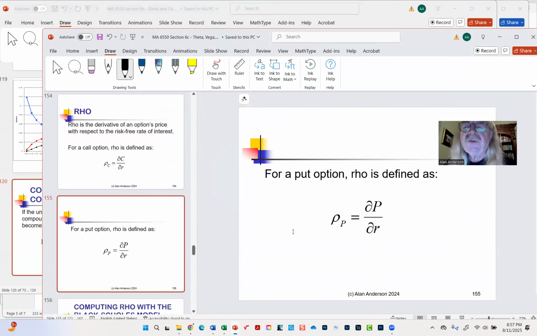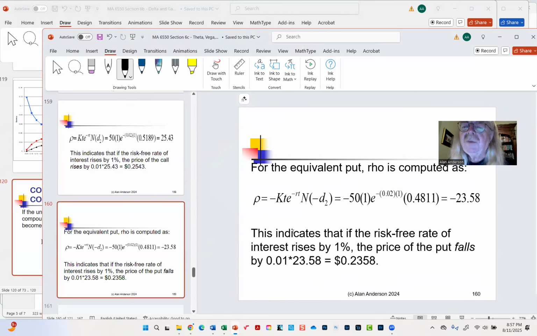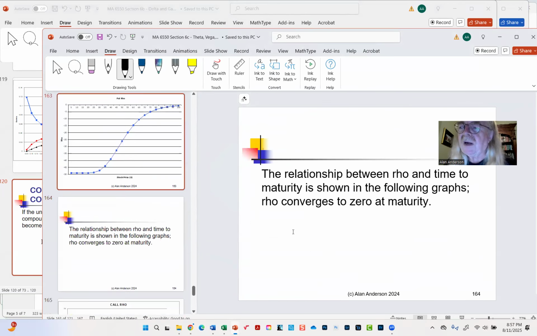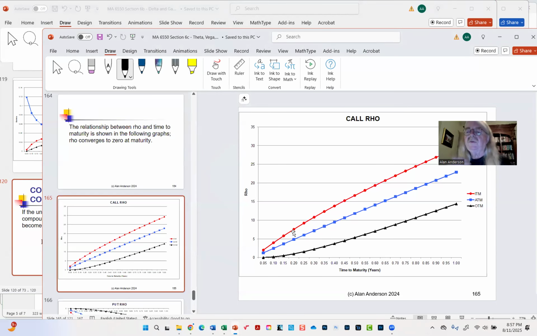Okay. Now, these three are not as important, but we want to briefly look at them and understand their properties before we move on to really what is a hugely important topic, and that's our discussion about how to price American options. Because it's so complicated, we won't be doing any assignments based on that model, but we do need to understand how it works and how it's different from Black-Scholes.